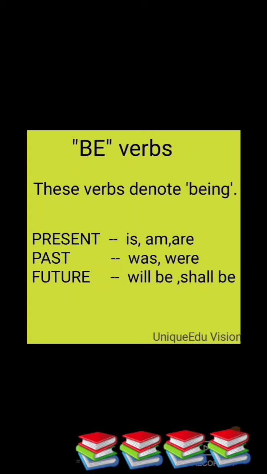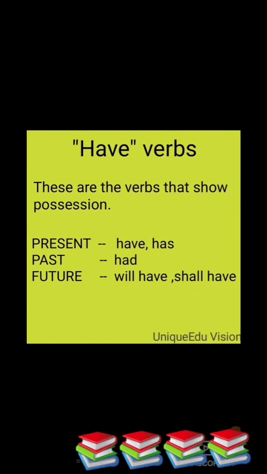If we use be verbs in past, we will use was, were, and in future, will be, shall be. Next one is have verbs. These are the verbs that show possession. Possession means ownership. So in present we use have, has, in past we use had, and in future we will use will have, shall have.